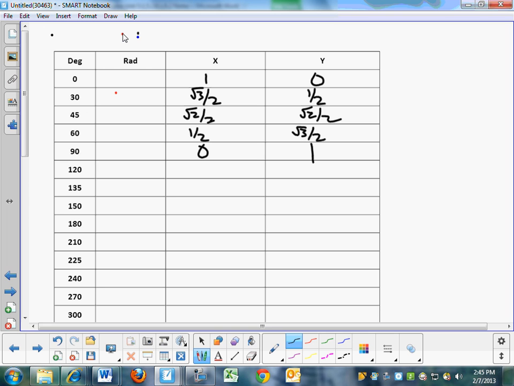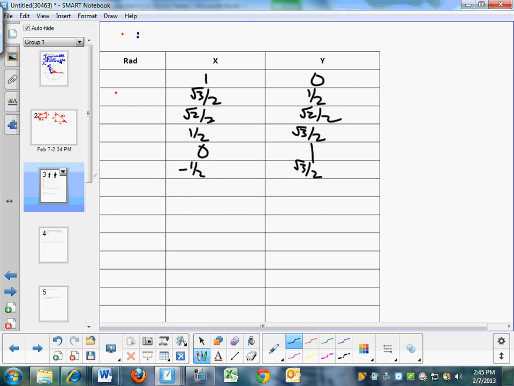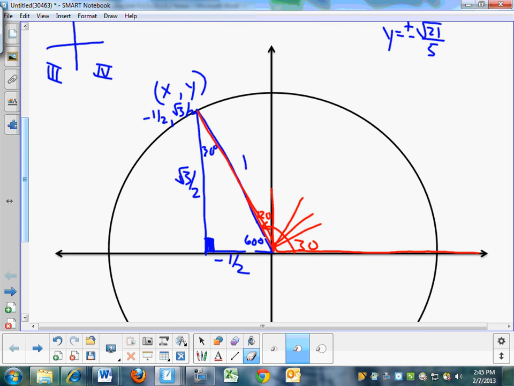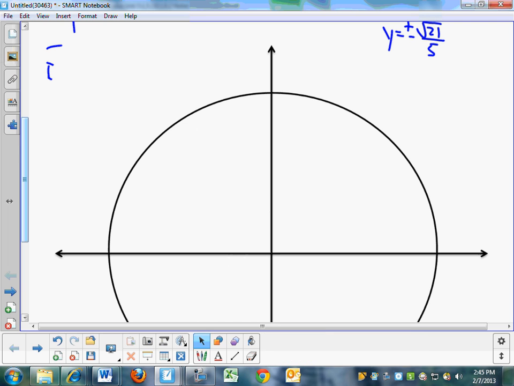A 120 degrees we had was negative 1/2. 135. How many degrees is 135 past 90? 45.